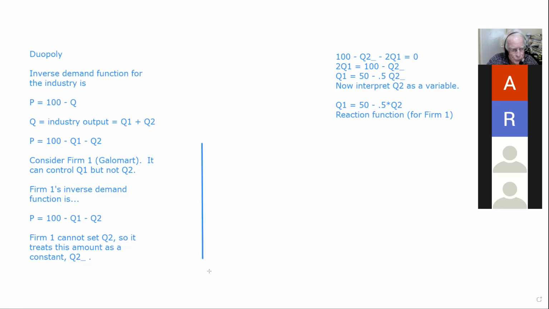So in terms of a graph, the reaction function looks like this.